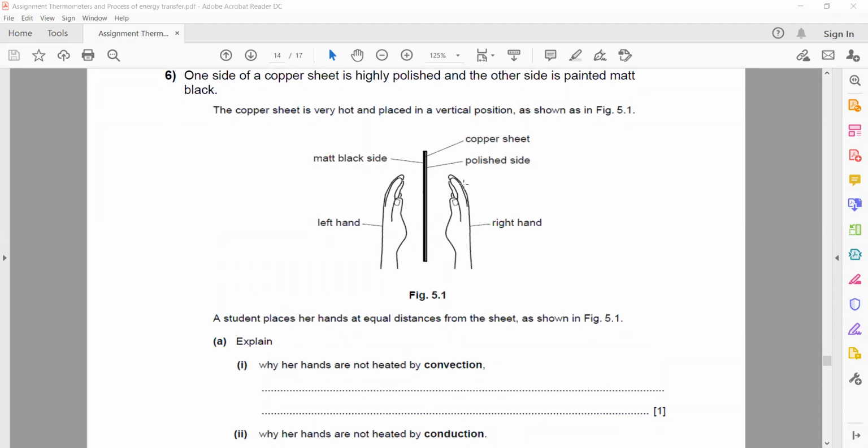Air does not allow heat energy to transfer, and the hands are not directly in contact with the surface. So you can mention the air between the hands and the plate is a poor conductor and does not conduct. Air is a good insulator.